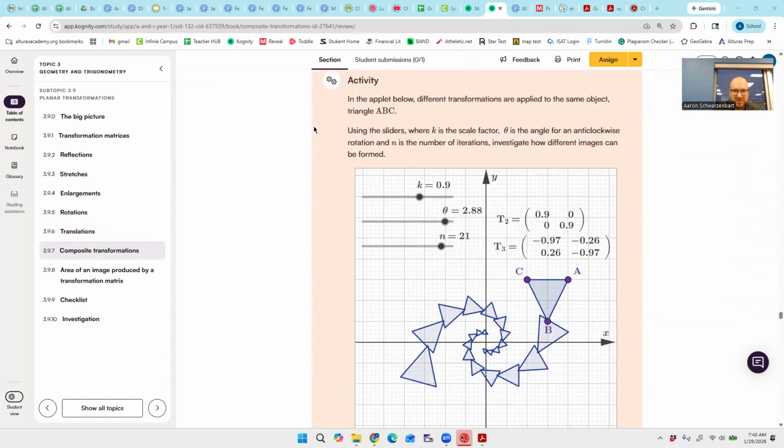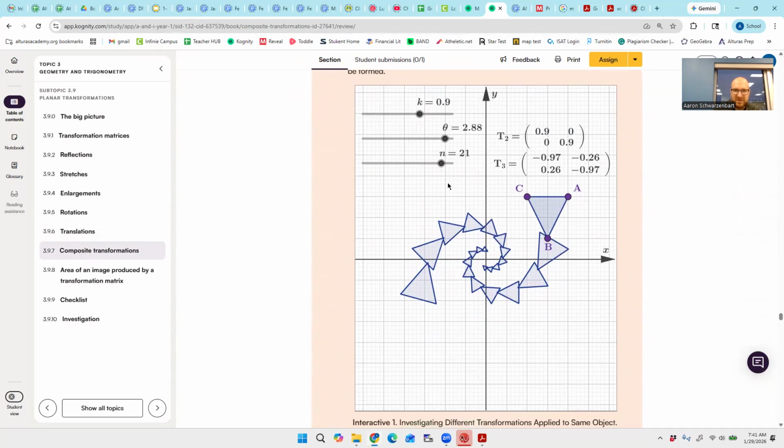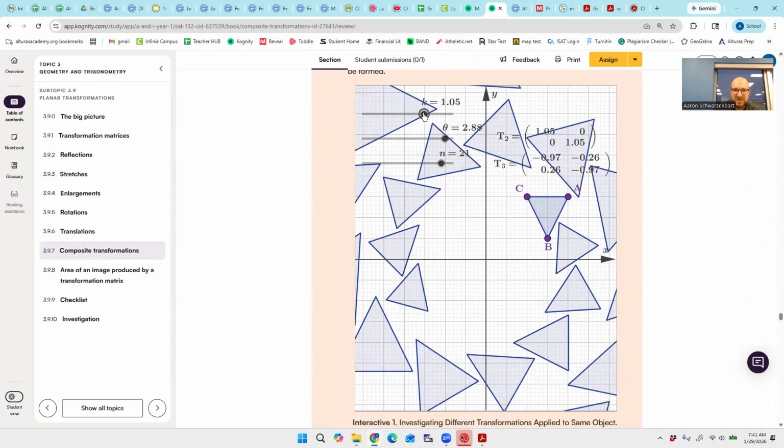So, composite transformations. We're going to do the first one here. You can see multiple transformations happening to this triangle as it kind of spirals in towards the axis. And they've got a different one here. If you play with sliders, you get different things.